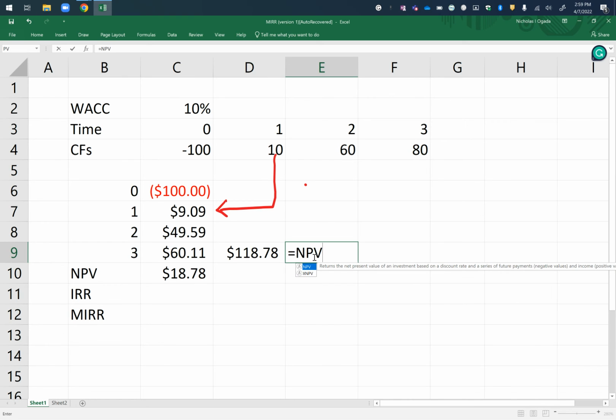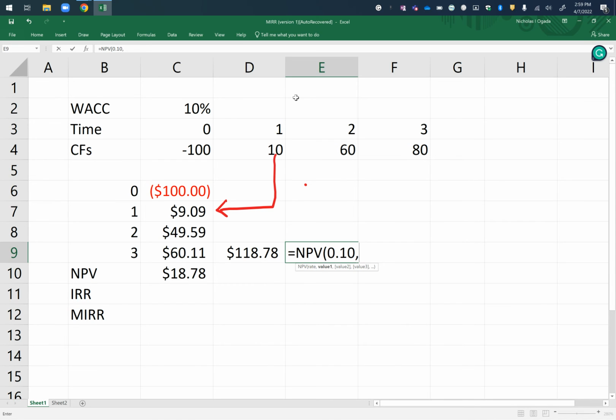If I'm going to use the NPV function instead of the present value function, I have to find the NPV first for the inflows, not the initial outflow. So the present value of the three values, remember our cost of capital is 10%.